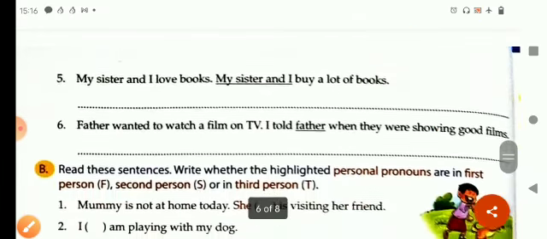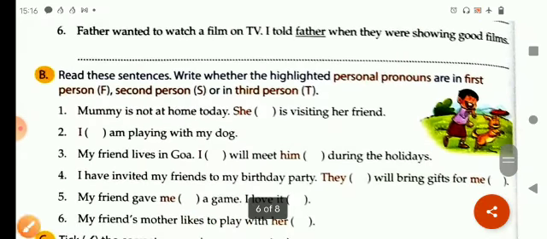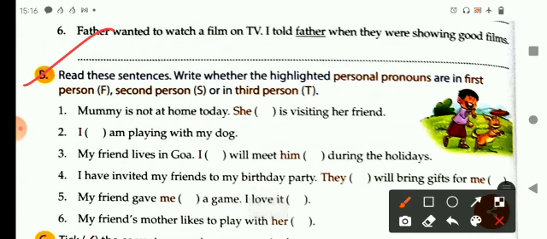Now let's see the next one. In this exercise, you have to write whether the highlighted pronouns are personal pronouns of the first person, so you write F for it. If the person is second, you write S for it. If the person is third, you write T for it.